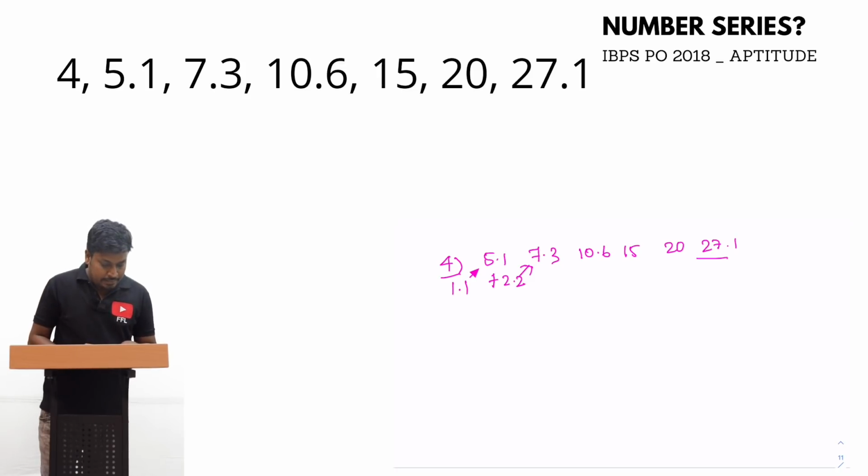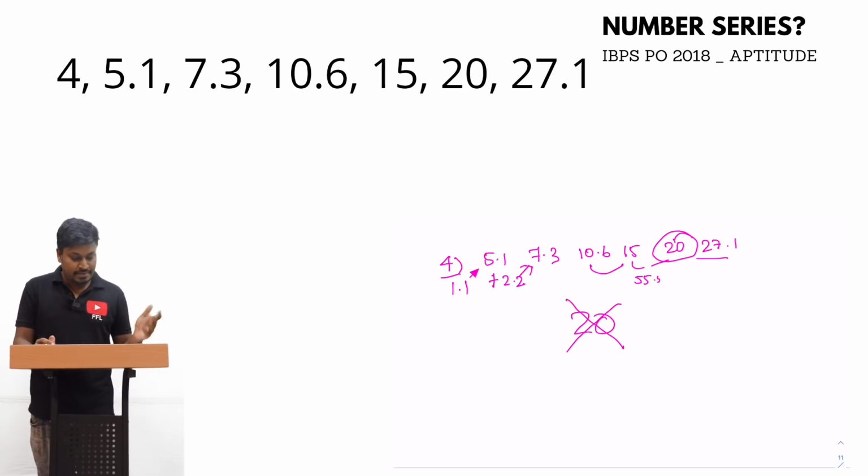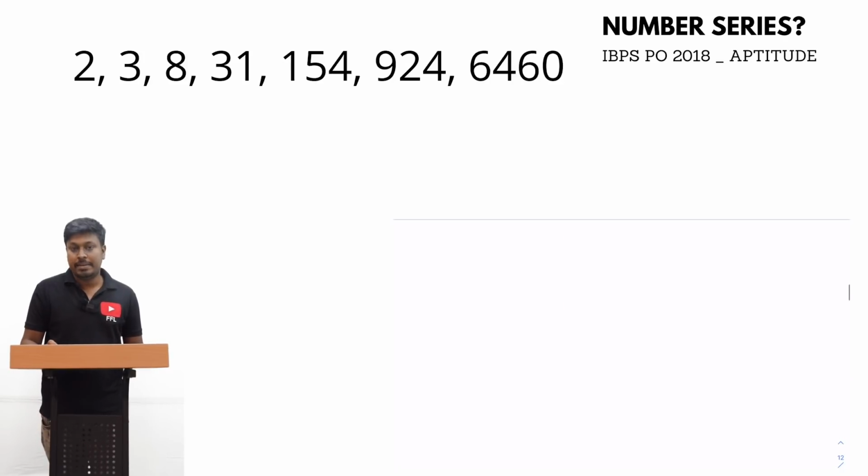So 5.1 plus 2.2 is 7.3. 7.3 plus 3.3 is 10.6. 10.6 plus 4.4 will be 15. So 15 plus 5.5, the resultant will be 20.5. But here the series has only 20. So we can say that the number 20 is wrong in the given series. So it's understood. It's easy. The answer should be 20.5 there, but they have given 20.